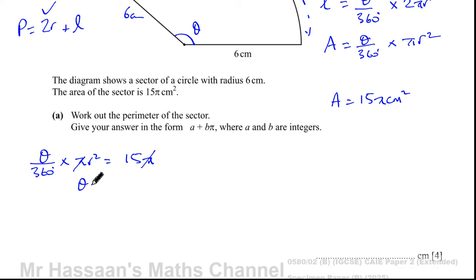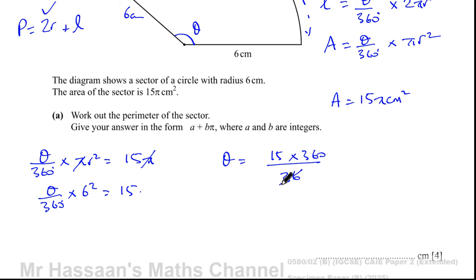So theta over 360 times 6 squared, since r is 6, is equal to 15. So theta is going to be 15 times 360 over 6 squared, which is 36. We can see this cancels out nicely. This becomes a 10 here. So the angle is 150 degrees. We know this angle now is 150 degrees.